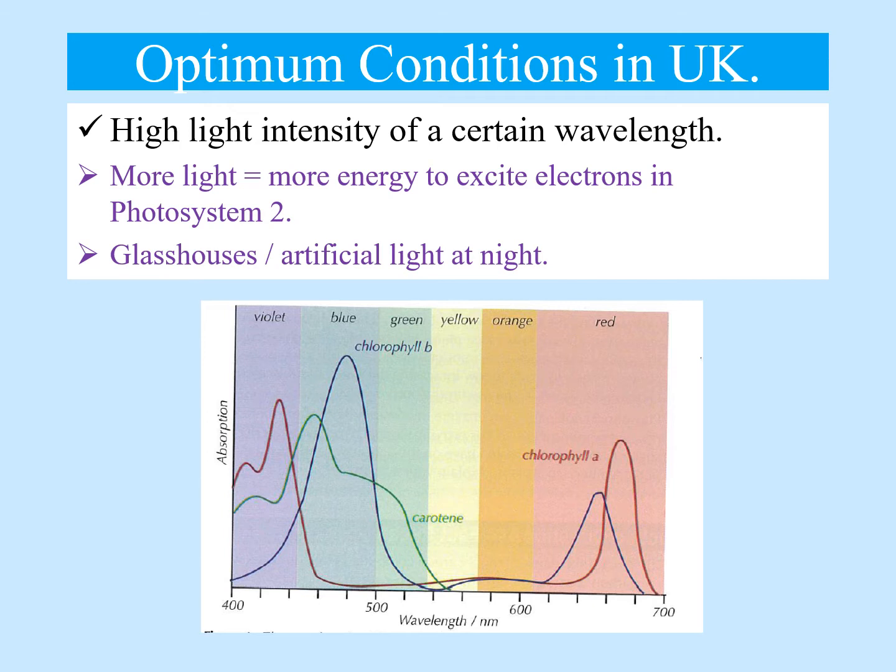If you look at this graph, chlorophyll A absorbs most of its light at a lower wavelength in the violet light, and then again in the red light. Chlorophyll B absorbs blue light best, and also quite a lot of red light, and carotene absorbs green light. None of them absorb yellow and orange that well. So those are your different absorptions.